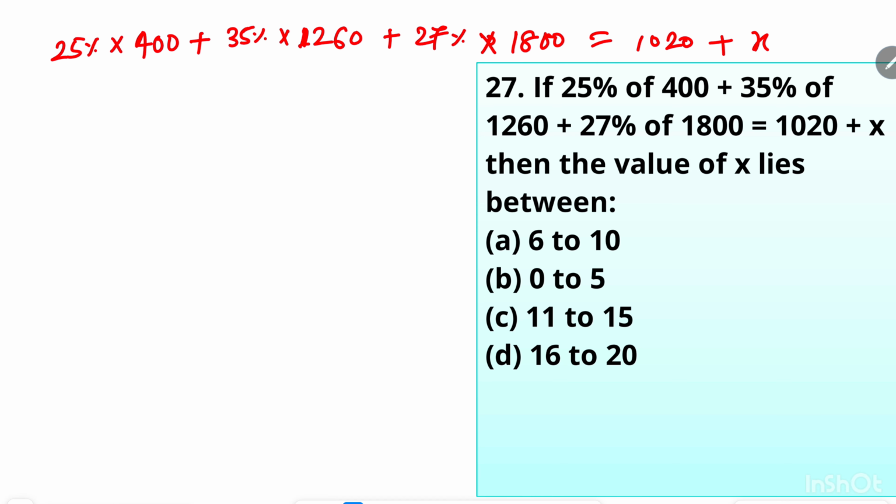You know that you will cancel this percentage with these two zeros. Directly you can do that, but I will go with the process.